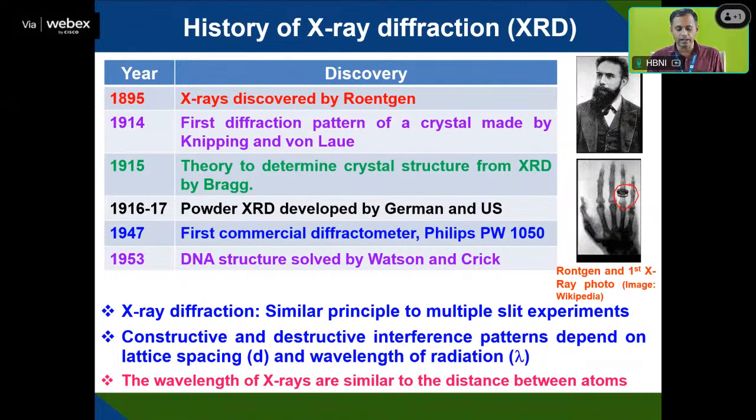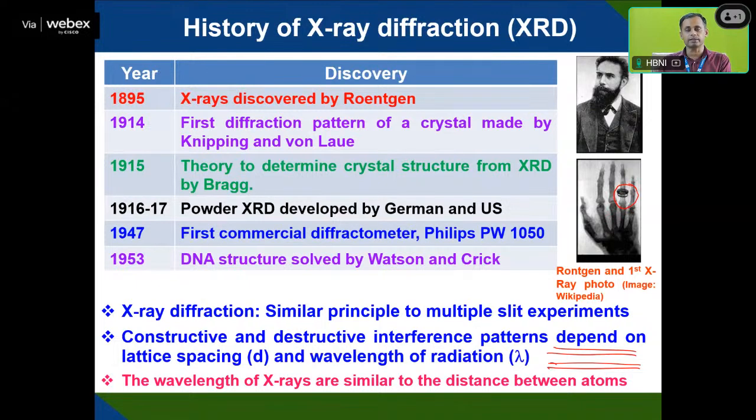X-ray diffraction is similar to the multiple slit experiment. If you see the multiple slit experiments, it's similar to that. And the constructive or destructive interference patterns mostly depend upon the lattice spacing, how the crystals are arranged in a plane, as well as the wavelength of the radiation.